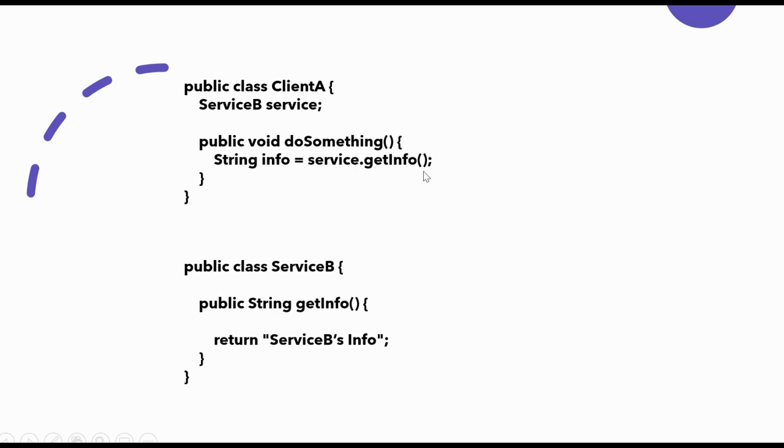But suppose somebody else gives you an object of class B and says, hey, here is the object of class B, you can use it and call any method of class B. Then you say, wow. That is called dependency injection: transferring the task of creating the object to someone else and directly using the dependency.